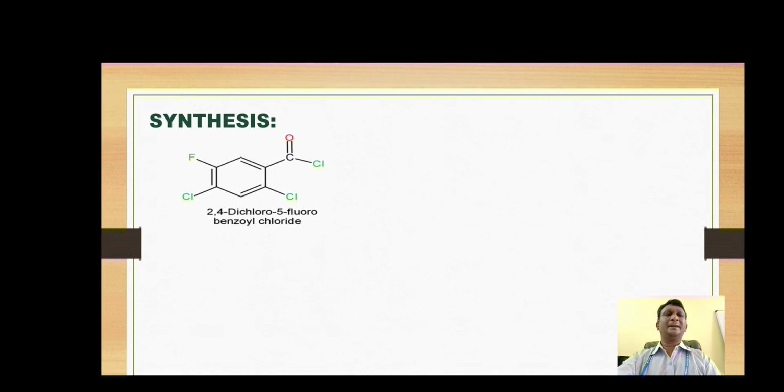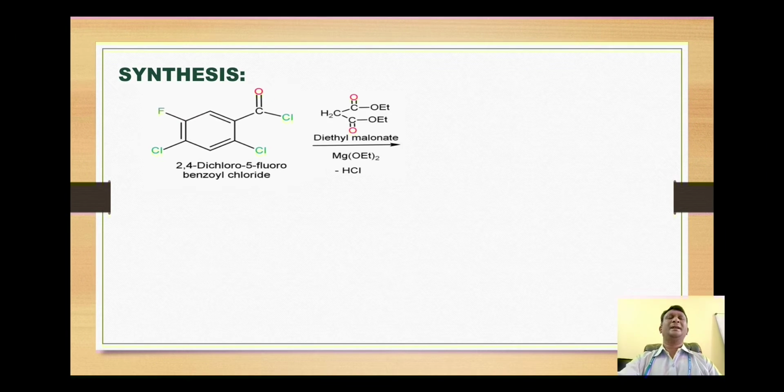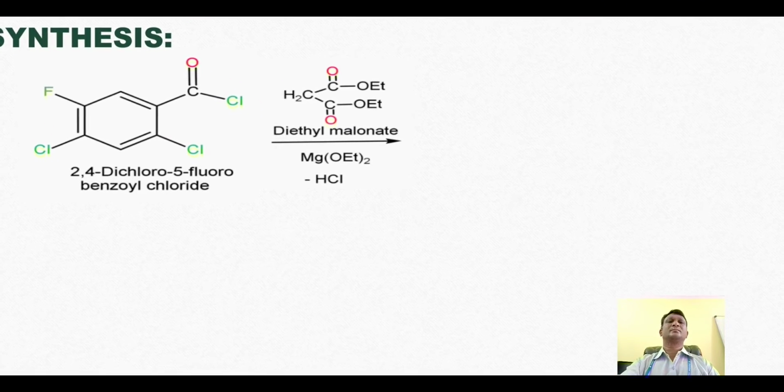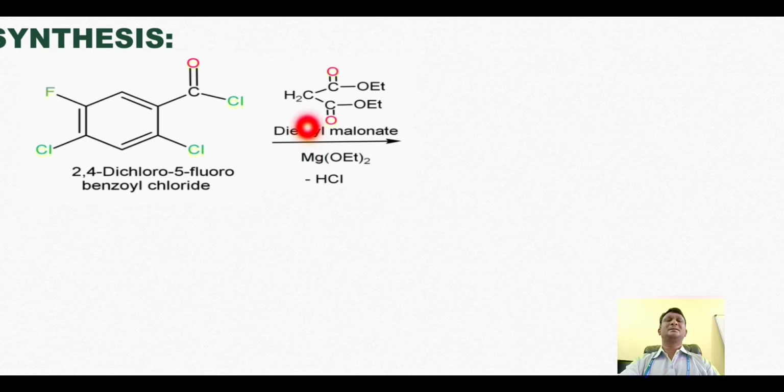Now this starting material is then reacted with this compound, that is diethyl malonate. In diethyl malonate there is presence of 2 alpha hydrogens which are acidic ones. So because of these acidic hydrogens, this carbon acquires a carbanion character, that is the negative character.